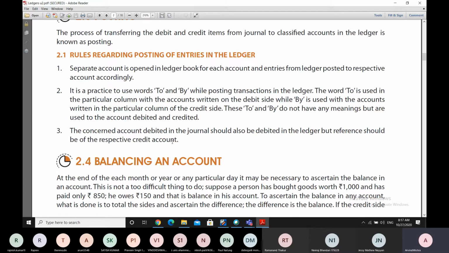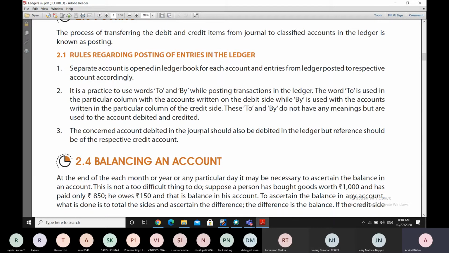First thing we do is identify the concerned or respective account where we have to make the entry. After having identified the account, we make the entry on the debit side, because that account is going to be debited. Now, how is that account identified? The account is identified by the name itself in the journal.